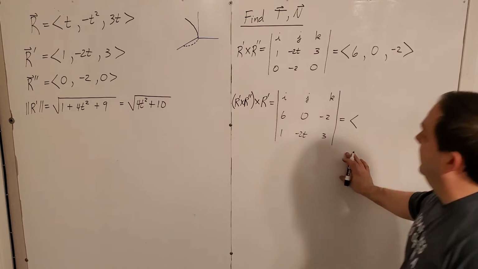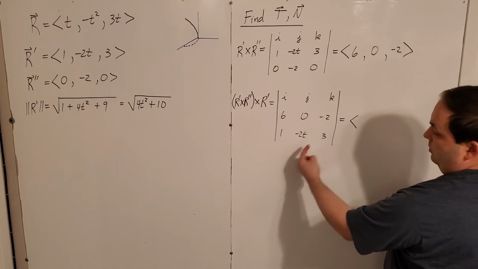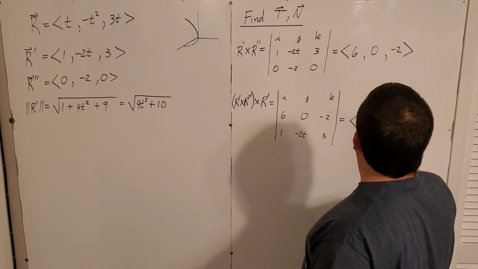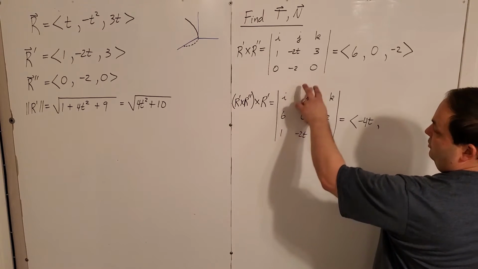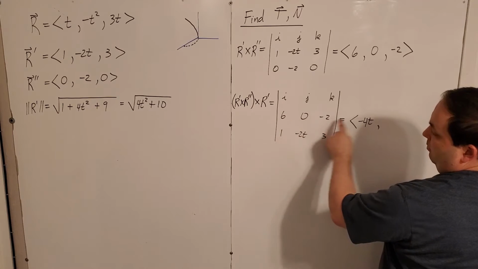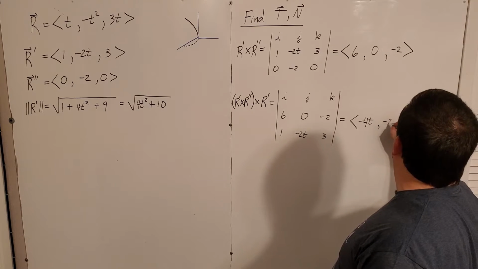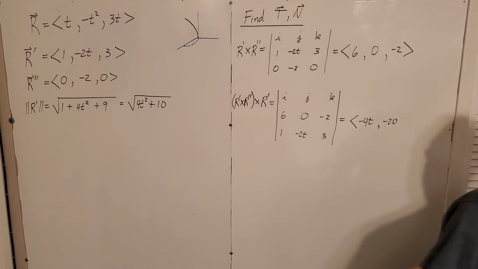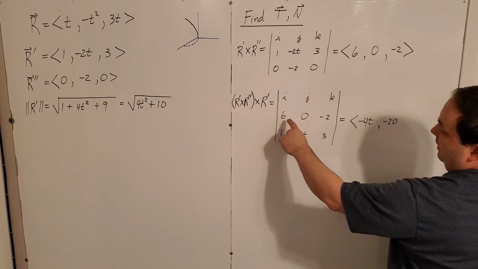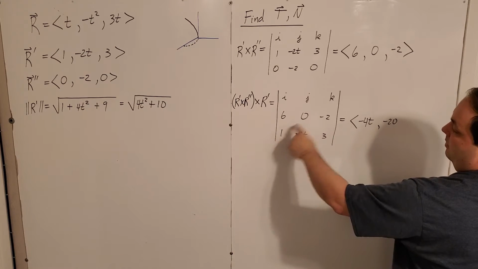So that I get, in the i direction, 0 minus 4t, so minus 4t. In the j direction, I've got 18 plus 2, right? But it's negative, so negative 20. And lastly, in the k direction, I've got negative 12t minus 0.